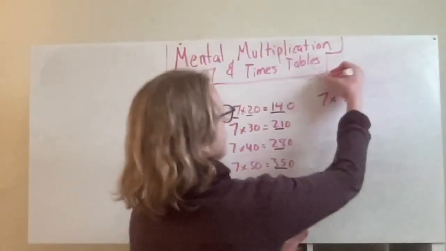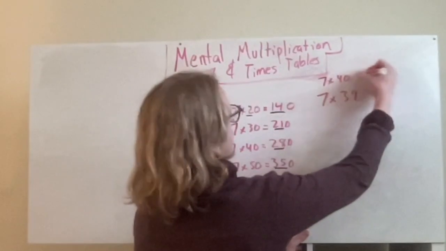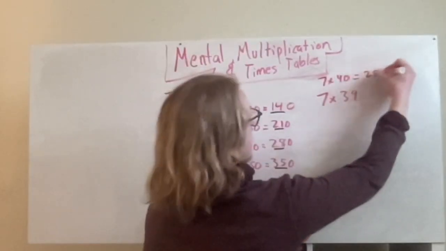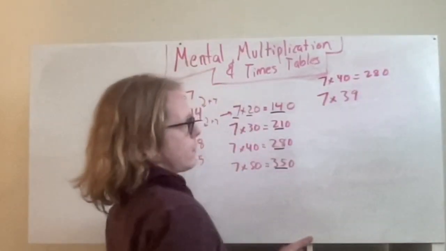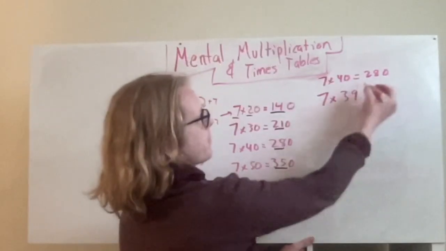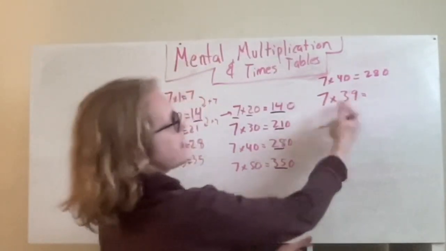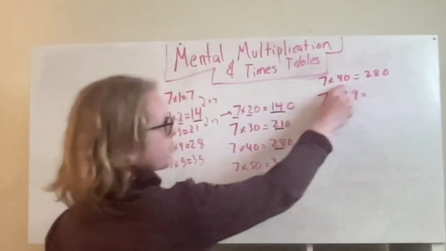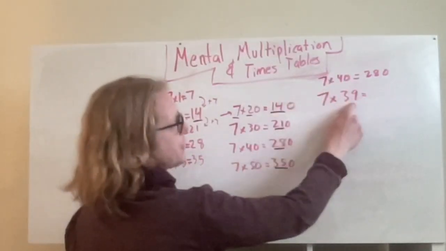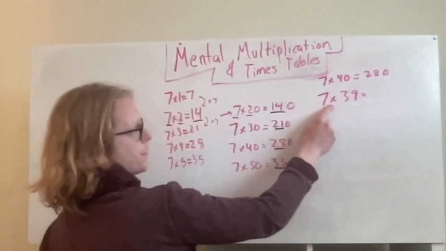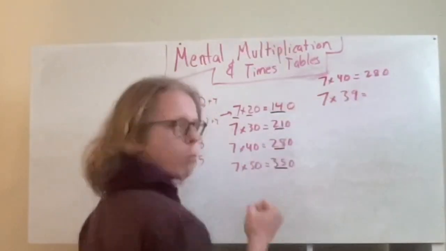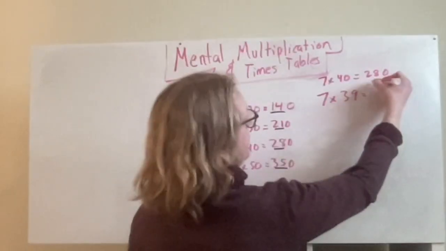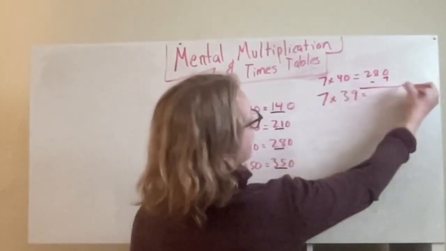So if 7 times 40 is 280, what do I need to do to get from here down to 7 times 39? What's the difference, right? This is 40 groups of 7, and this is 39 groups of 7. So there's just taking away one group of 7, or 1 7, so I could just subtract, right?